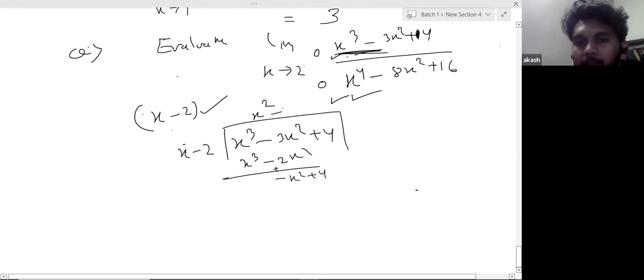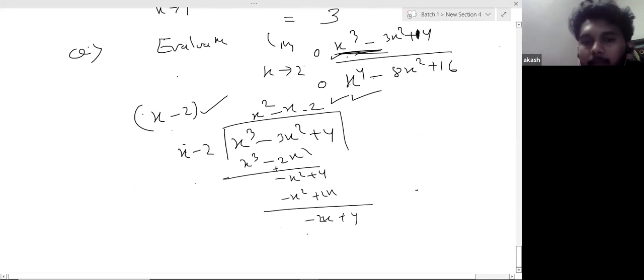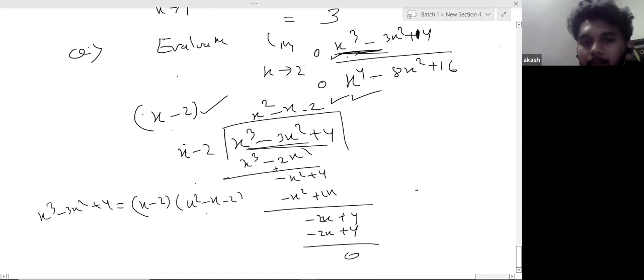Now here we have x, so minus x. So minus x square plus 2x. So minus 2x plus 4. How much? Minus 2. So minus 2x plus 4 is 0. So this equation we can write as x cube minus 3x square plus 4 is equal to x minus 2 into x square minus x minus 2. You all know this division, right?